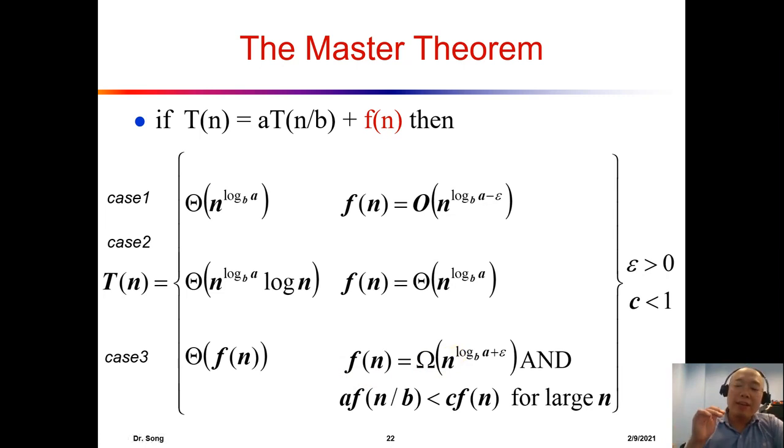And in addition, you also want to prove that a f(n/b) is smaller than a constant c times f(n), for large n. So case 3 will be the hard part. Okay, this is still very dry, I understand that. So let's see a few examples.